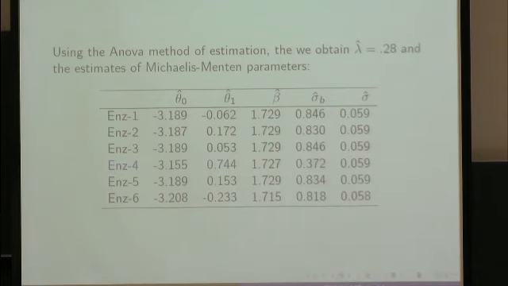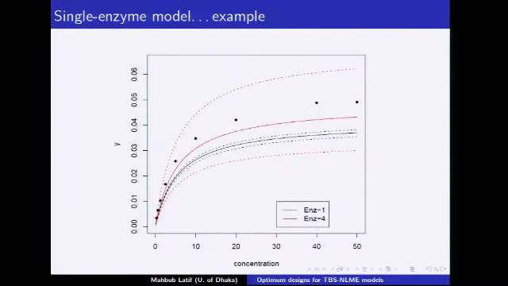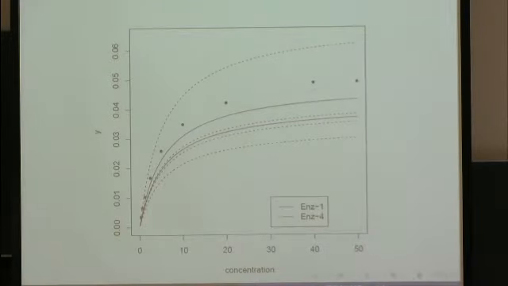And next, here I'm just showing the difference between an important enzyme and a not important enzyme in this plot. These dots are data, the black solid line is the fitting by enzyme 1, and the red solid line is the fitting by enzyme 4.